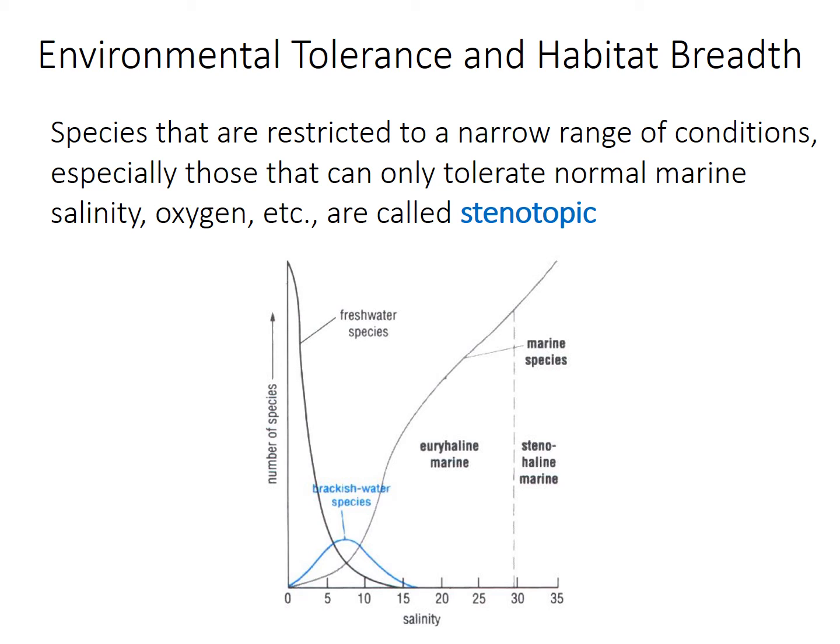And in general practice, the term stenotopic refers nearly always to organisms that can only tolerate normal marine conditions, or conditions that are similar to the open ocean. So really, it's not just the breadth of the range. For example, stenohaline organisms have both a narrow range of salinity tolerance and live in normal marine conditions around 35 parts per thousand, plus or minus a bit.